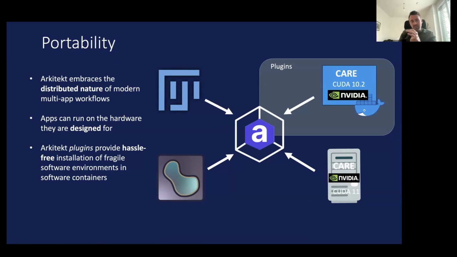So what Arkitekt tries to say is, hey, Napari, you're good at visualizing stuff. You don't need to run these plugins yourself all of the time. Some of them are great if you visualize them, but what you can do is offload, for example, the deep learning task into an Arkitekt plugin. And plugins are, again, completely Dockerized applications.